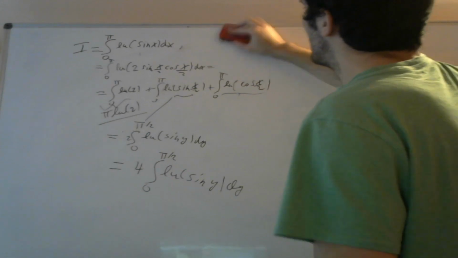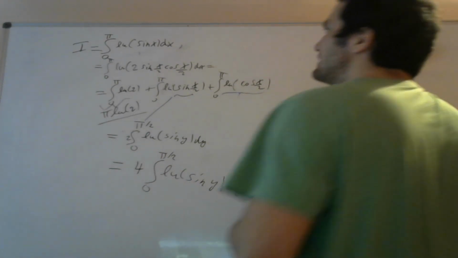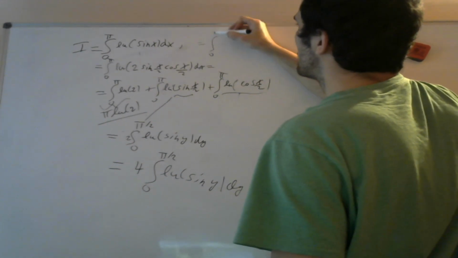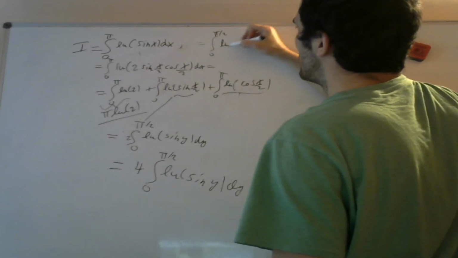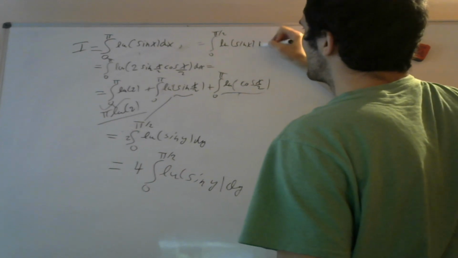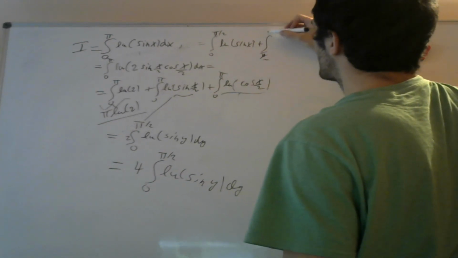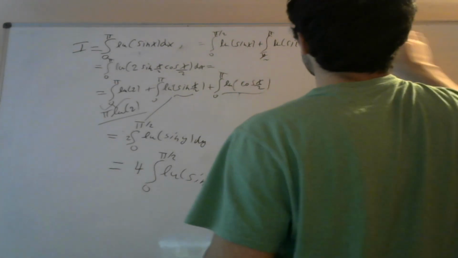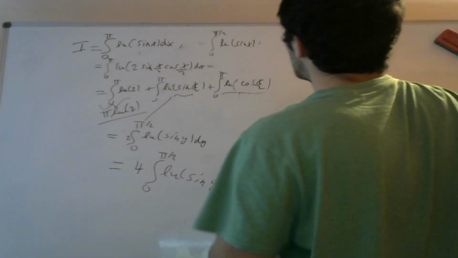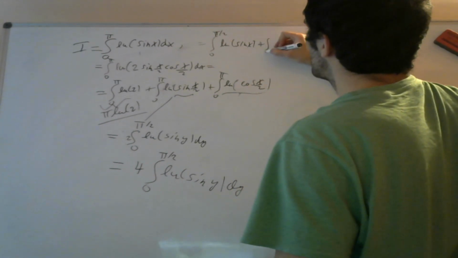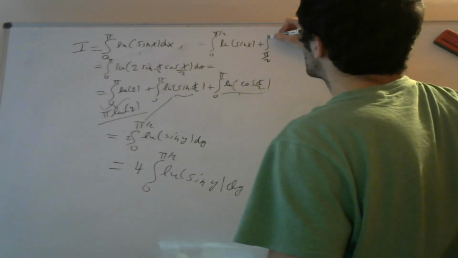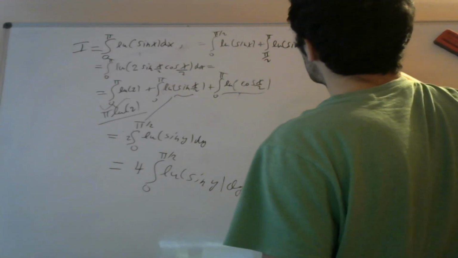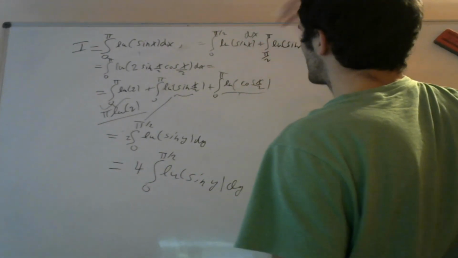This integral can be written as the integral from 0 to pi over 2 of ln sine of x dx, plus the integral from pi over 2 to pi of ln sine of x dx.